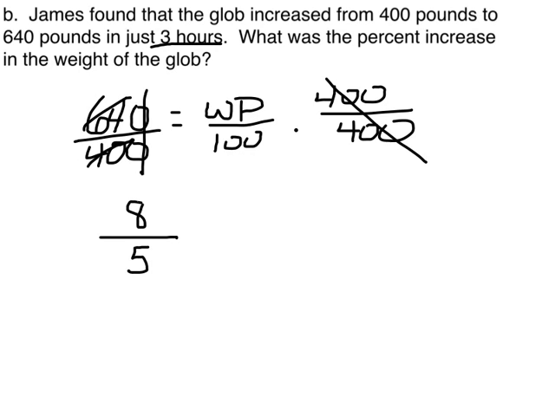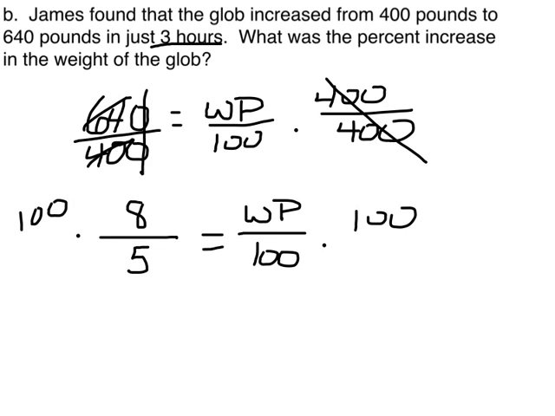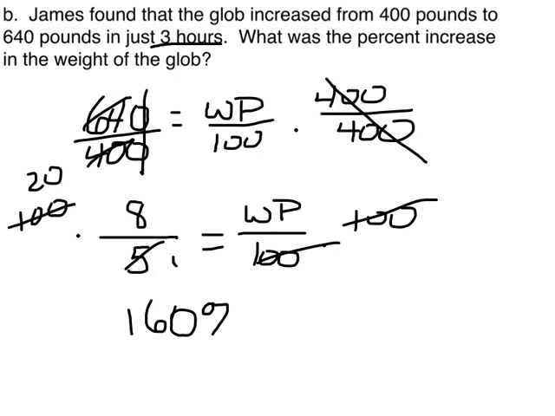Now I've gotten rid of those. 8/5 equals what percent? And I'm going to multiply by 100. Get rid of that. This will become a 1 and this a 20. And 20 times 8 is 160. So 640 is a 160% increase over 400.